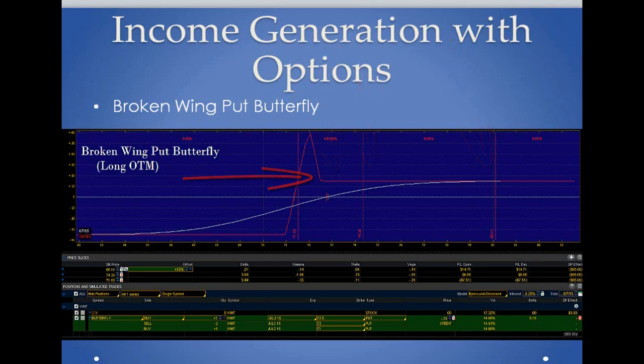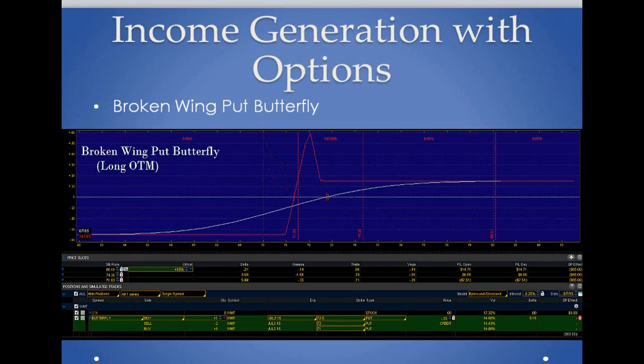But if it were to sell off and went past our 71.5 skip strike by 15 cents, that's where we would incur our break even, as you can see on the graph.